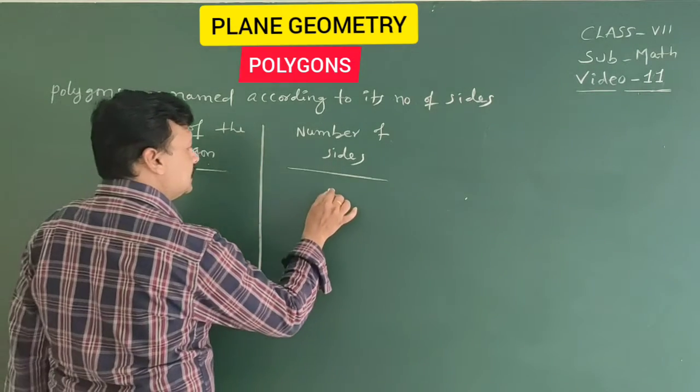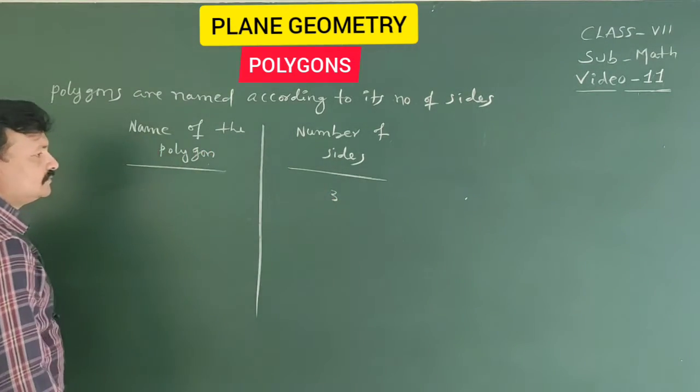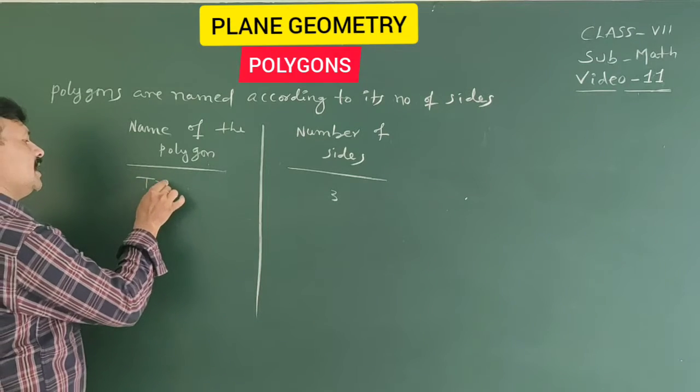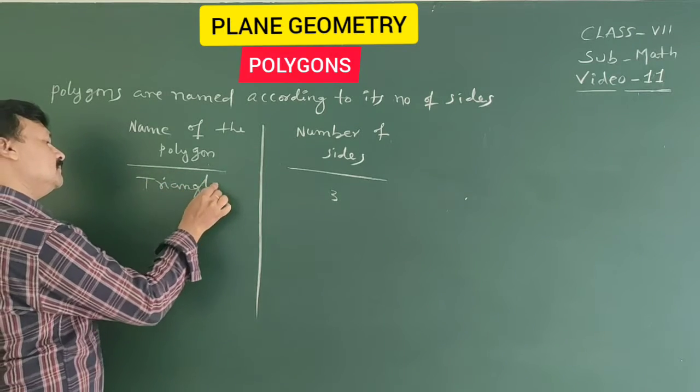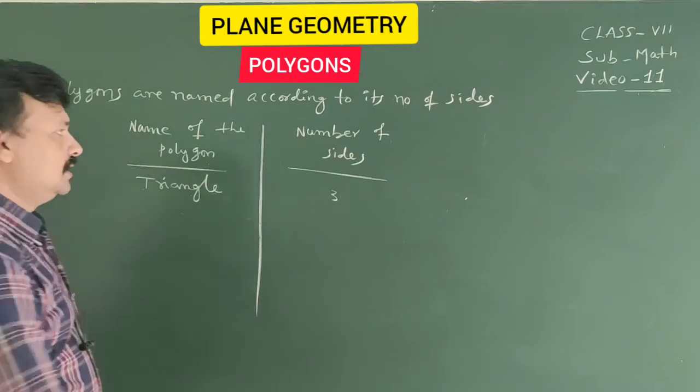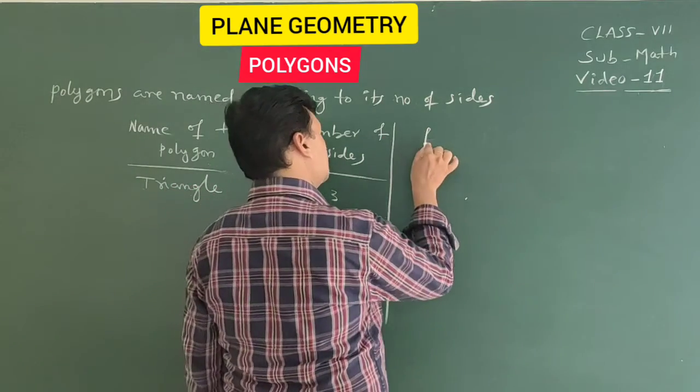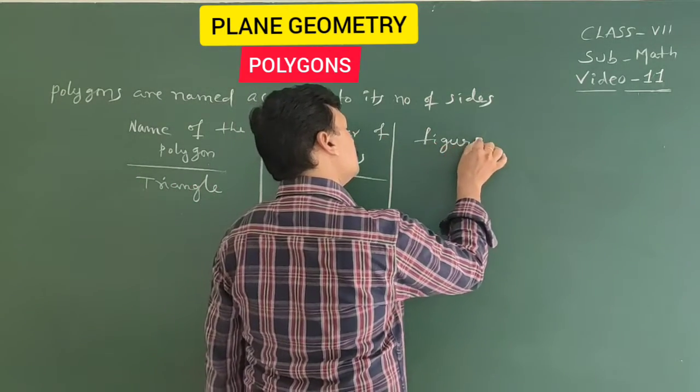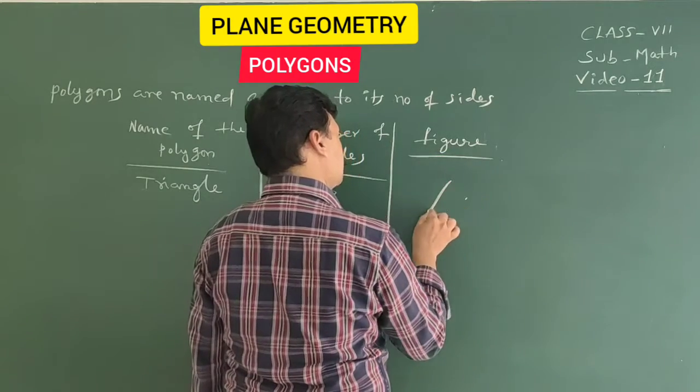If it has 3 sides, it's a triangle, and this is its figure.